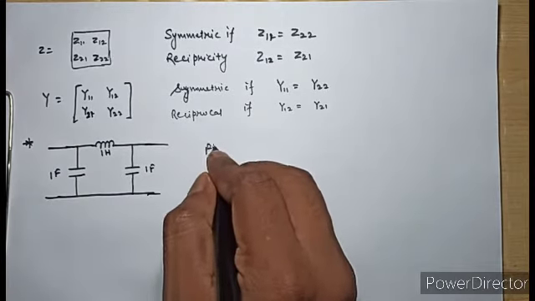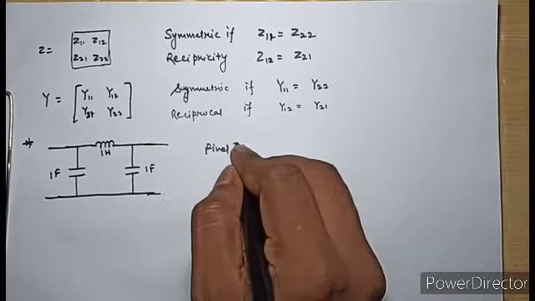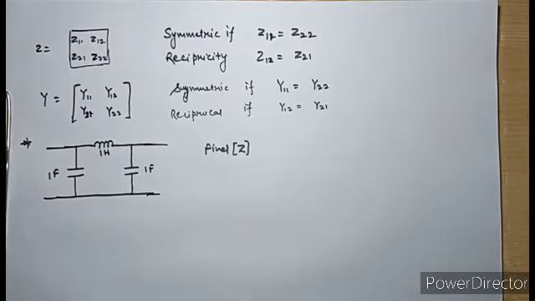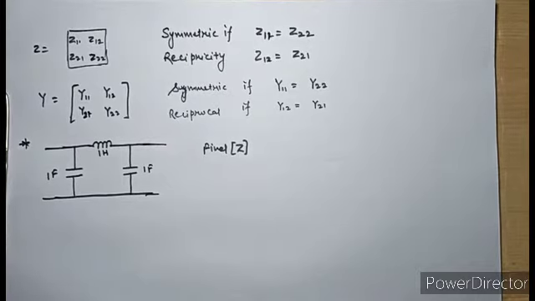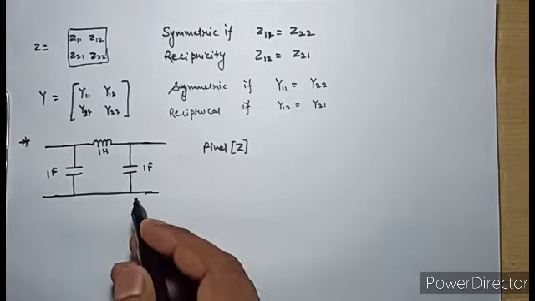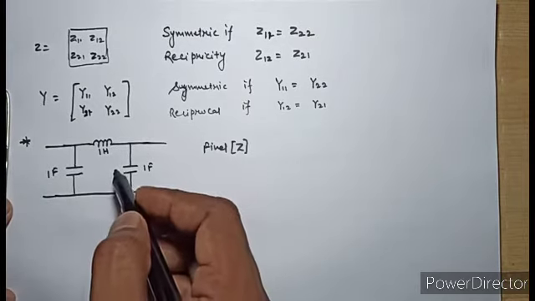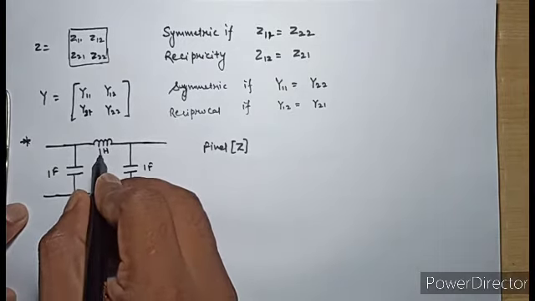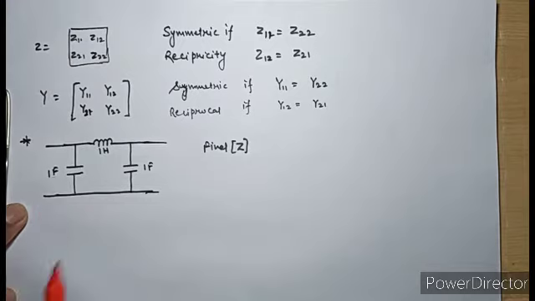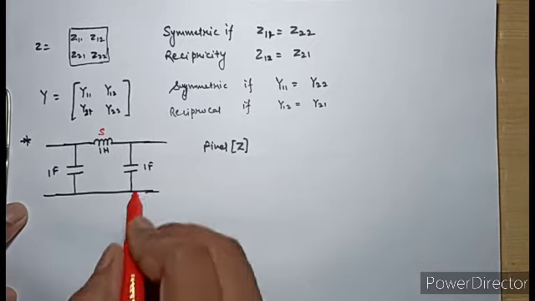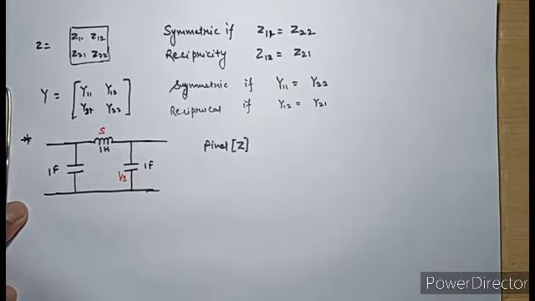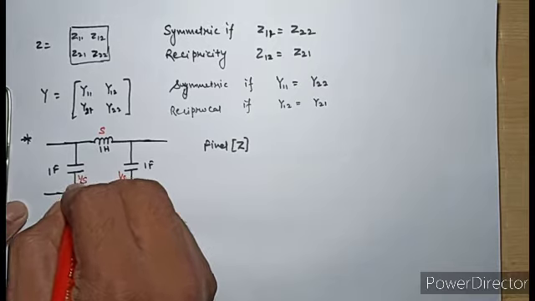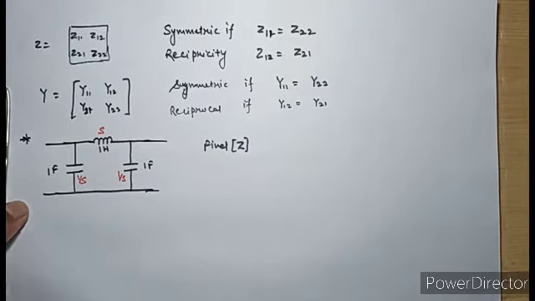And the question is find the Z parameter, right? Now if the answer is in S domain, now this is time domain. First of all we will convert these values into S domain. So the S domain equivalent of this 1 Henry will be simply S, and the S domain equivalent of this 1 farad capacitor will be 1 by S. Similarly this will be 1 by S, isn't it?